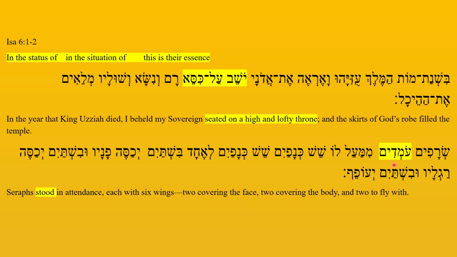They are beings, created beings who stand in attendance. That's their essence. That's who they are. That's a part of who we recognize them to be. They are people who stand in attendance to Hashem. So again, the power of the participle, just so incredible to really get a grasp on that.